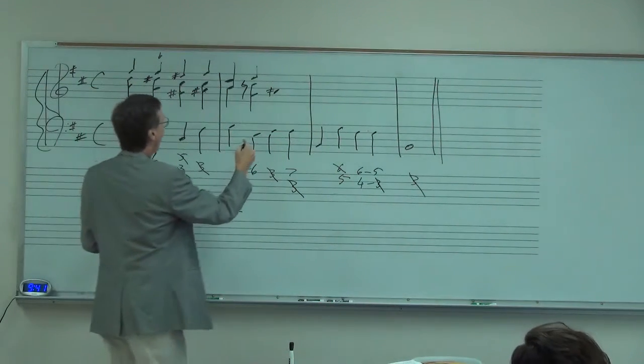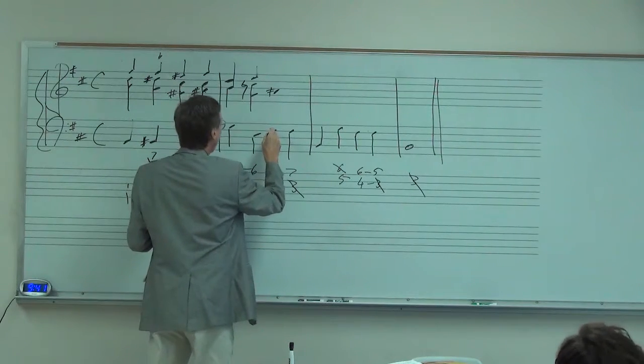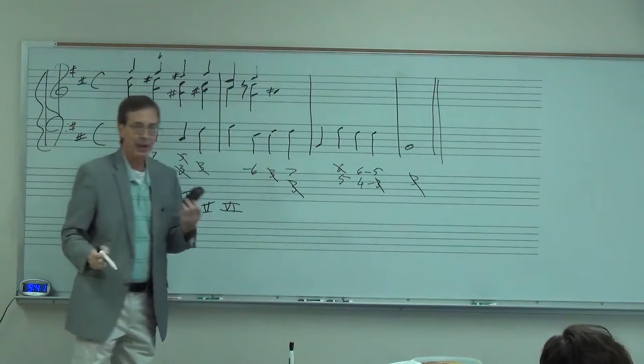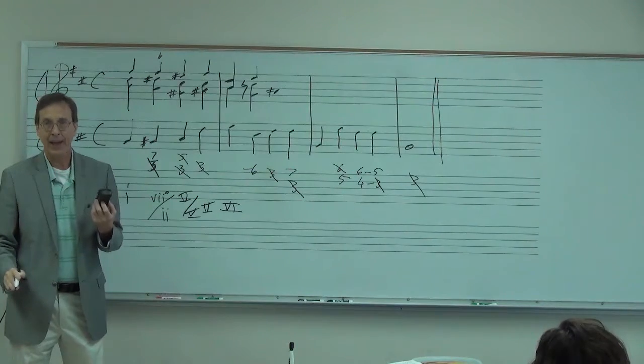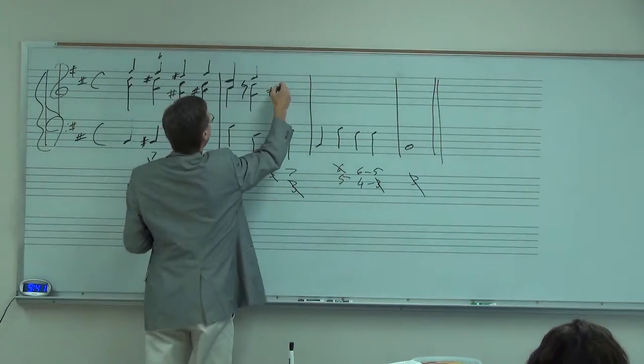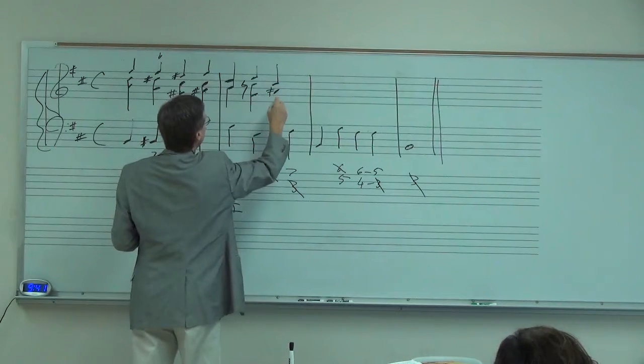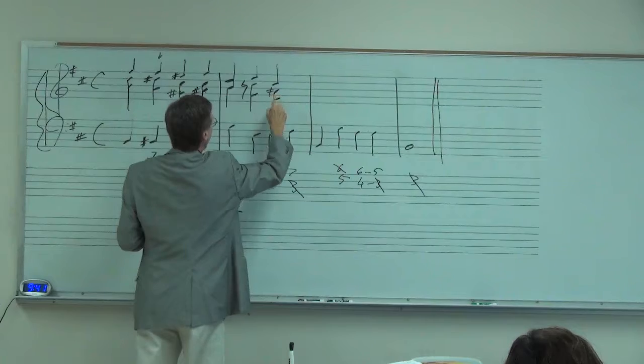Okay, so E is not going to F sharp, is it? No, that would be parallel octaves. E is going down to C, and G is going to F sharp.